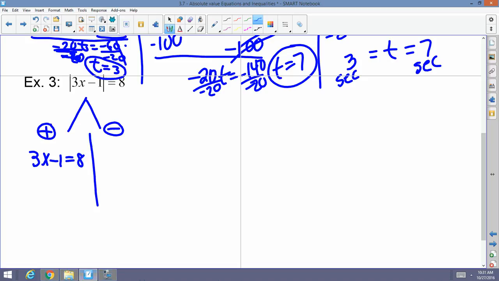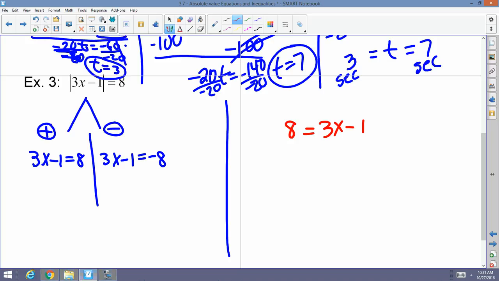That's my positive. 3x minus 1 equals negative 8. That's my negative. Again, there's nothing wrong with that, guys, but this is faster. Or, I'll do this in red, you could go ahead and go 3x minus 1 equals my positive 8, and it equals my negative 8, because I got to make the positive and the negative side.